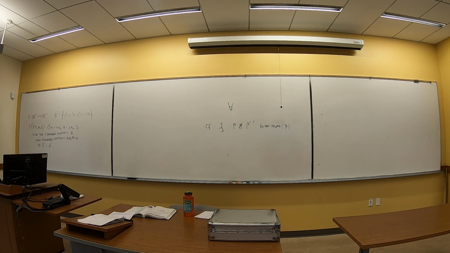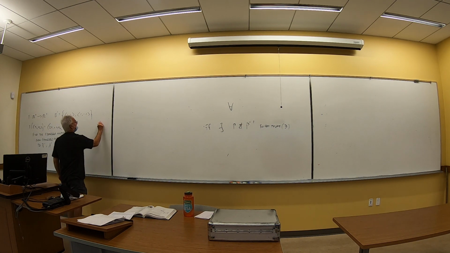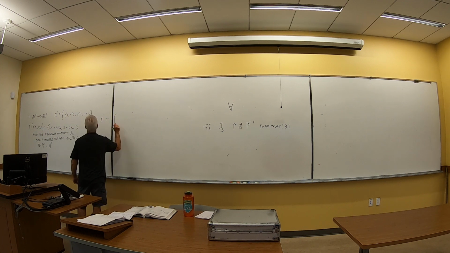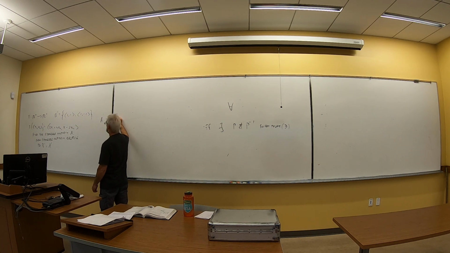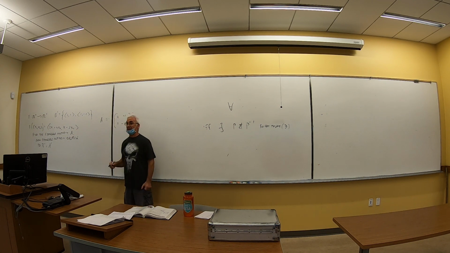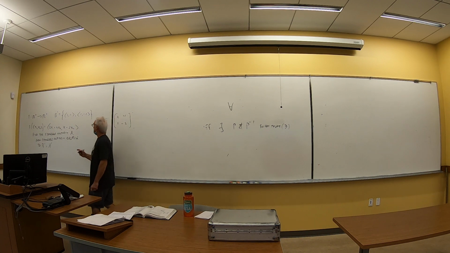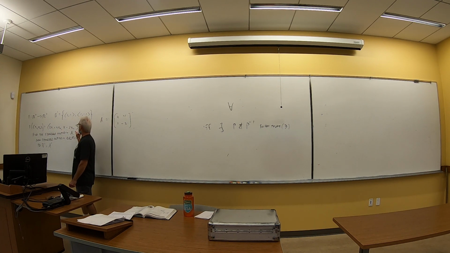Okay? So what is the standard matrix then for this problem? Just that? Again, if I took 1, 0 and I ran it through here, I would get 2, 1, which is 2 times 1, 0 and 1 times 0, 1.